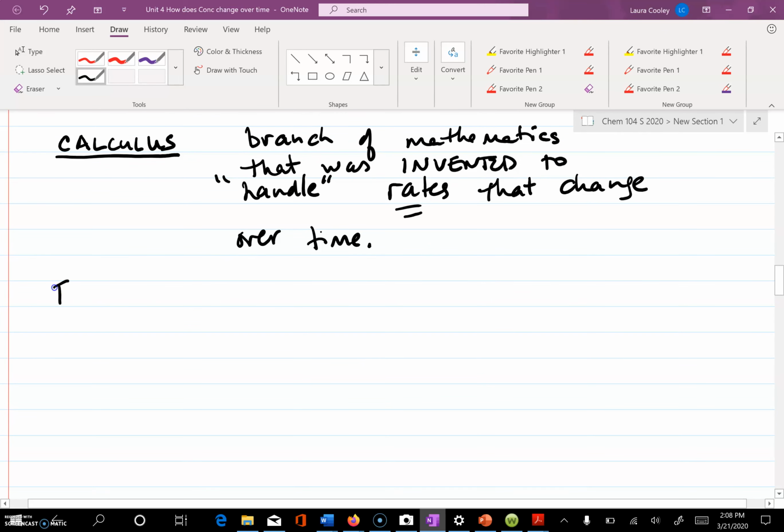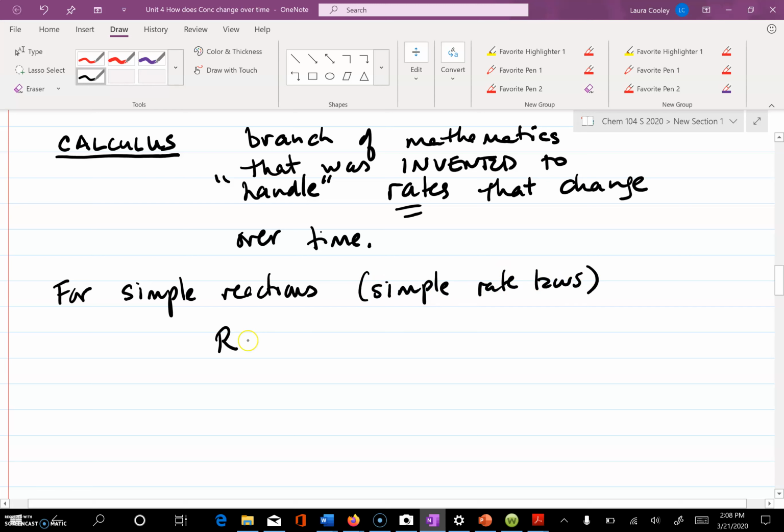Okay, so for simple reactions, in other words, simple rate laws, for example, if the rate, like I said, for first order is like that, that's first order.